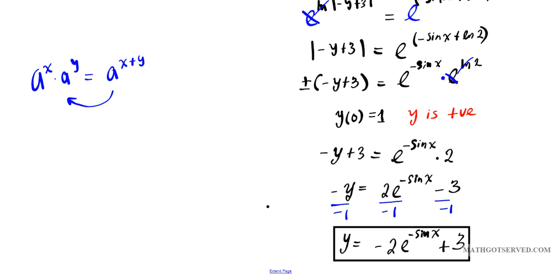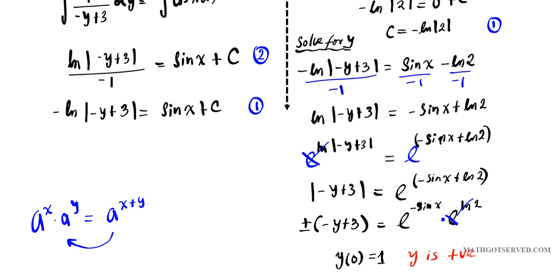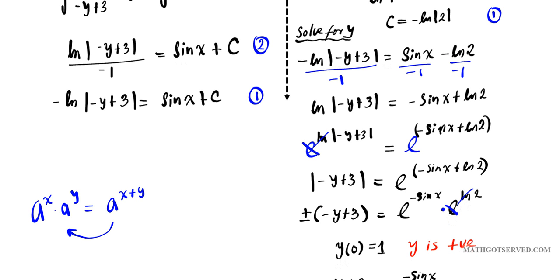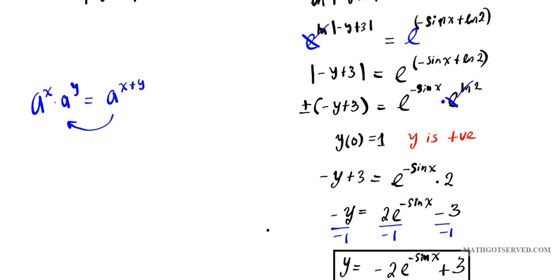Now, one thing I want you to note is that all this work we did solving for y from here all the way down to the end, guess how many points we earned there? Just 1 point. All this weird looking algebra that we just did earns us just 1 point.